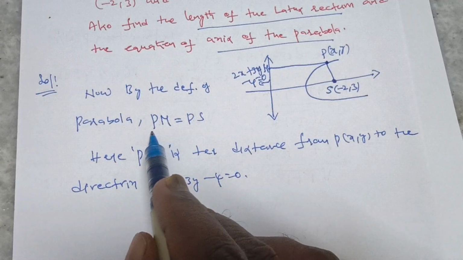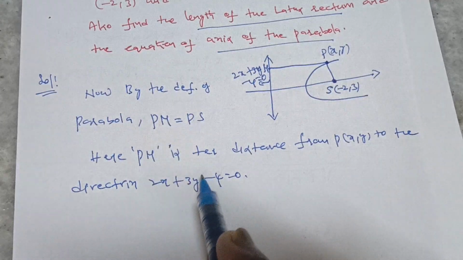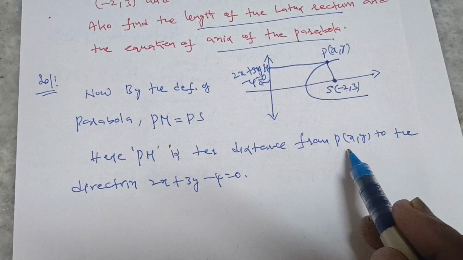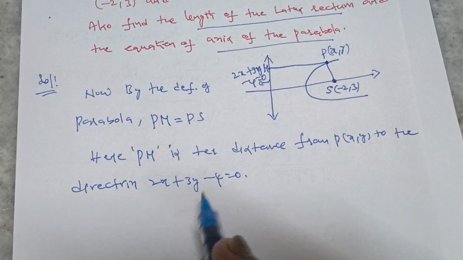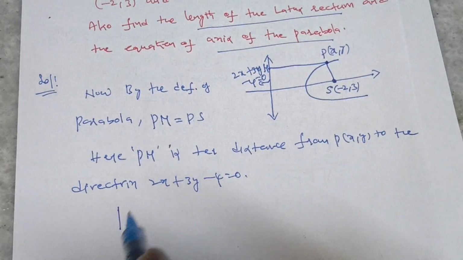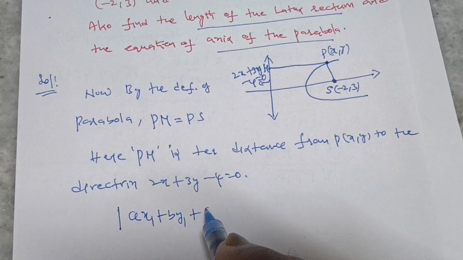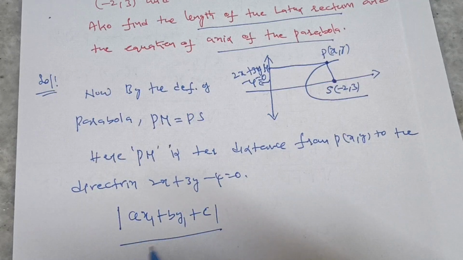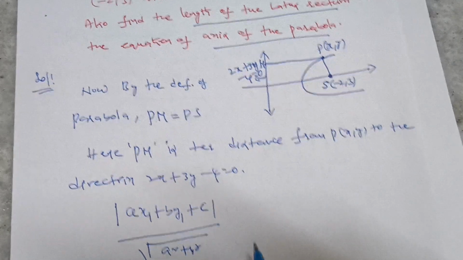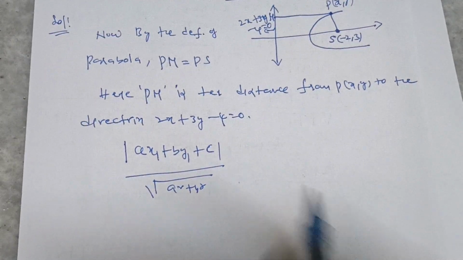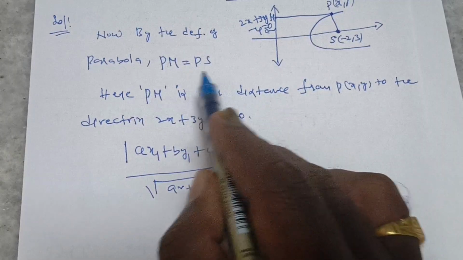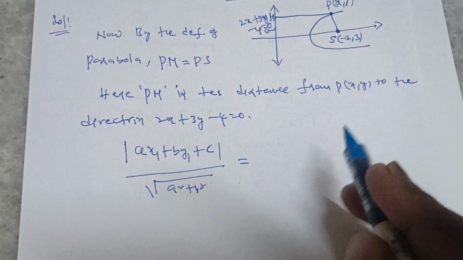The perpendicular distance from a point to the line is given by the formula |ax1 + by1 + c| divided by root over a squared plus b squared, which equals PS, the distance between these 2 points.